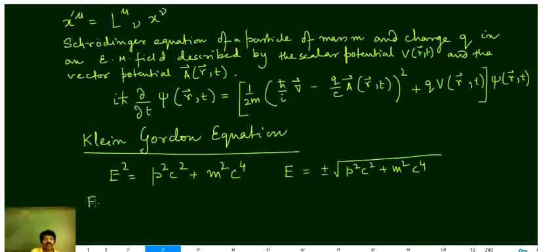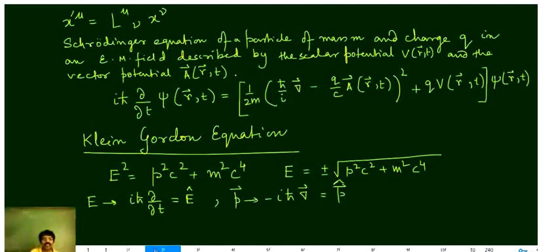E is replaced by i h cut del del t, which is the energy operator, and P goes to, taking the vector, minus i h cut del. This is the momentum vector operator. Now in this relation, E and P are replaced by operators and they are allowed to operate on a wave function psi.